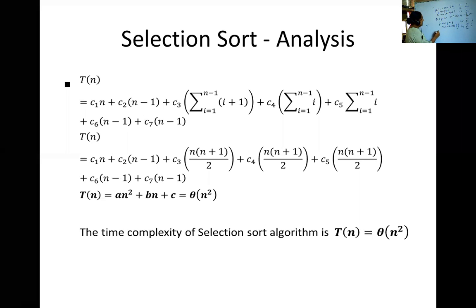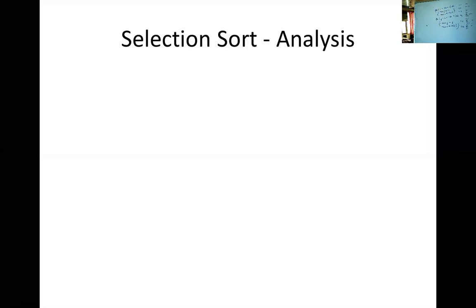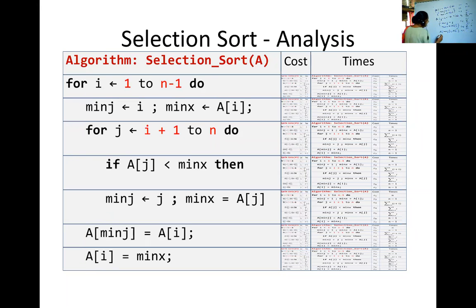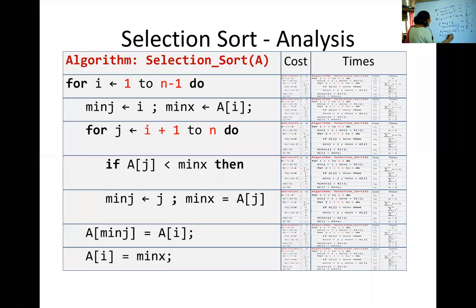Next is your C6 and C7, that is min j, a of min j is equal to 0. Then a of n. This is going to be again 1 unit.